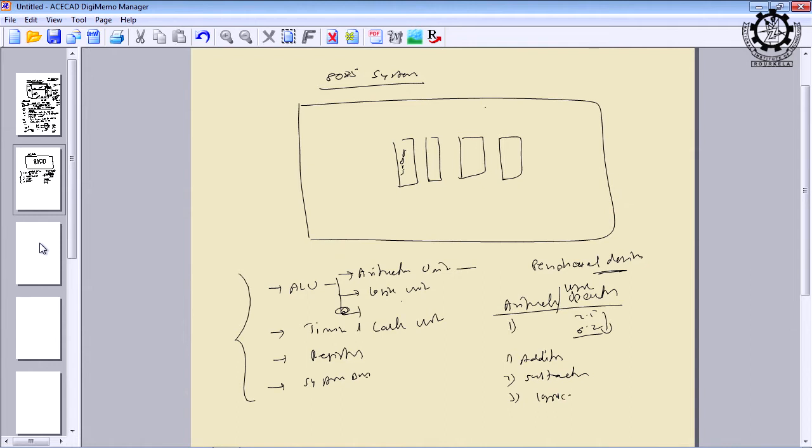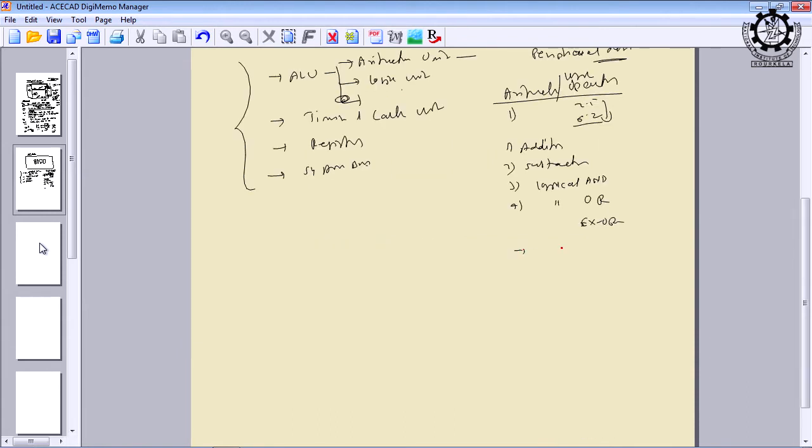Then it supports logical AND, logical OR, logical XOR, and the NOT operation, which we call complement, and it supports increment by 1, decrement by 1, rotate, left shift, right shift, clear. These are the only arithmetic and logic operations supported by the 8085 microprocessor.